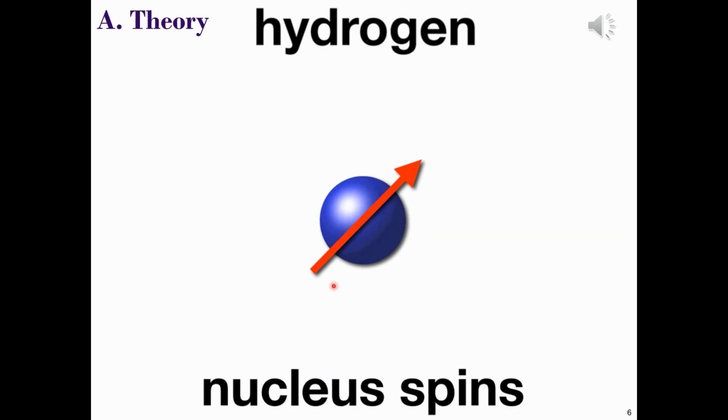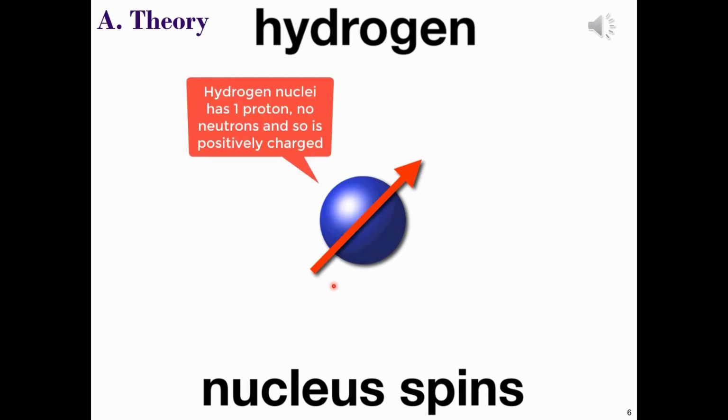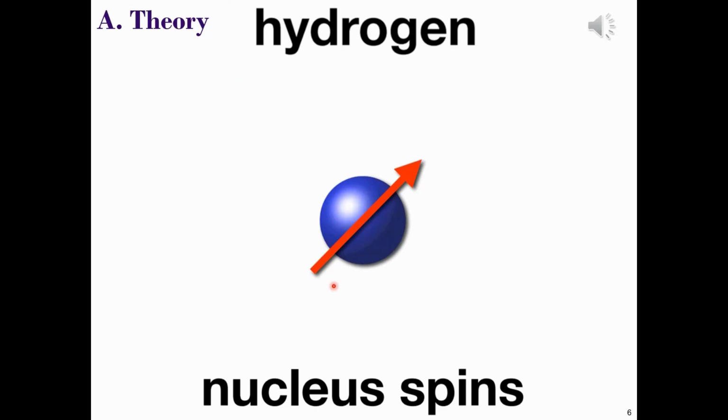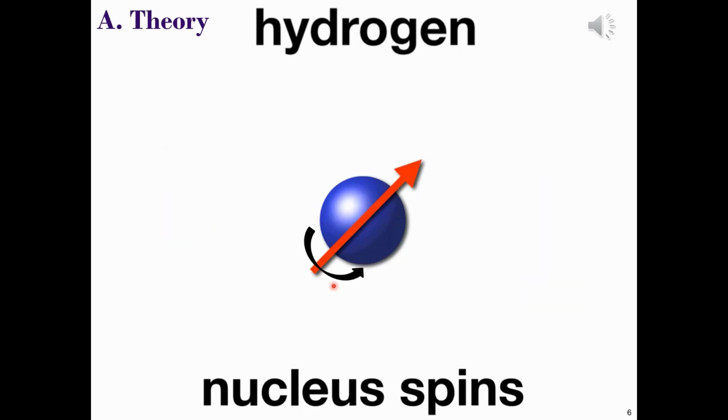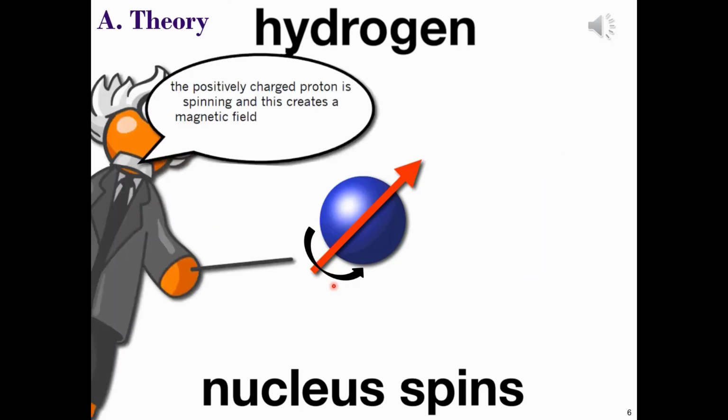Well, a hydrogen's proton is a charged particle, and this generates its own magnetic field. Protons, neutrons and electrons can spin on their axis in either an upward or downward configuration. Think of the north-south poles of a magnet. This creates a magnetic dipole or magnetic moment.